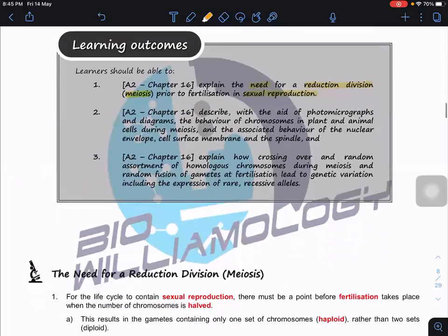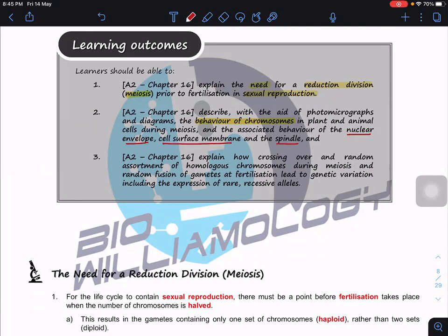Then we need to describe, with the aid of a photomicrograph, the behavior of the chromosome. Questions always ask about this, rather than, even though we need to know, things that are less likely to come out, for example the behavior of the nuclear envelope, cell surface membrane, and spindle.